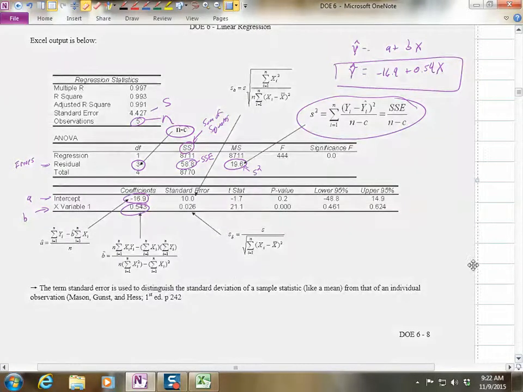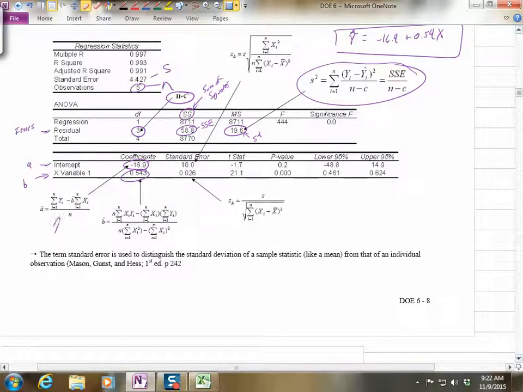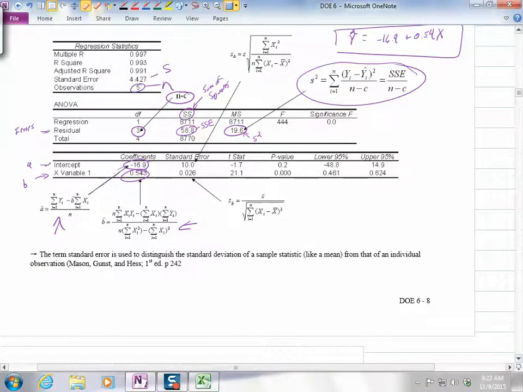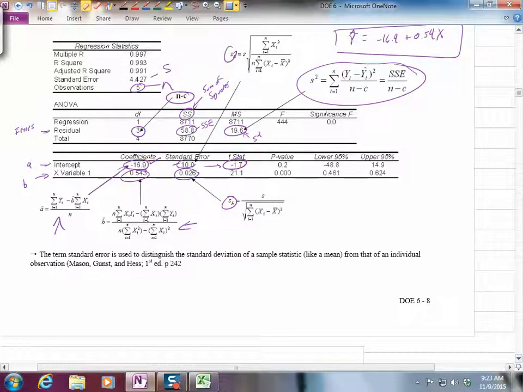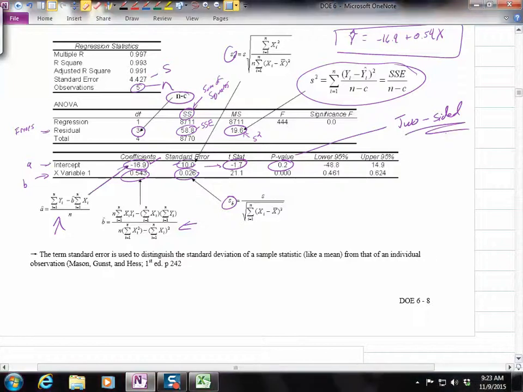Then the rest of this comes from equations which we're not going to do much with, frankly, but that's where you get the coefficients, and then the standard errors, that's the standard deviation of B, that's the standard deviation of A. The t statistic is just dividing this by this to give you the t, just like in a hypothesis test. And there's the p-value associated with that t. It is a two-sided test. And then it gives you the confidence interval on each of those.